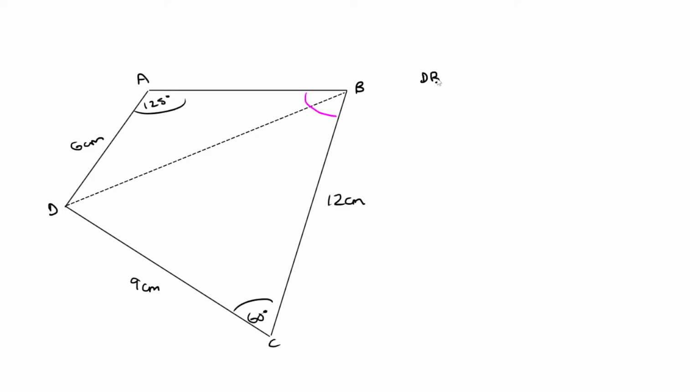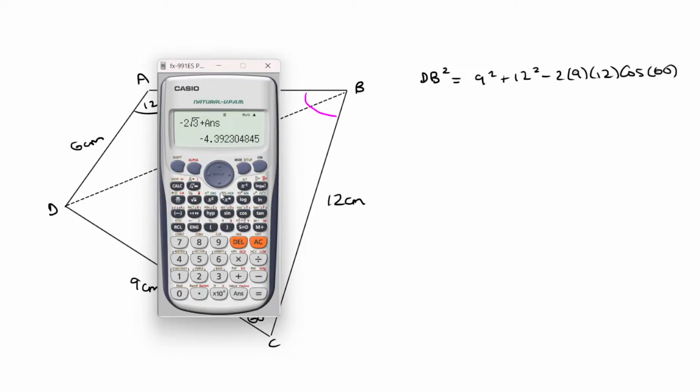So DB squared would be 9 squared plus 12 squared minus 2 times 9 times 12 cos of the angle 60. Work that out. I'm just going to write 81 and 144 because the squares are kind of annoying to type.